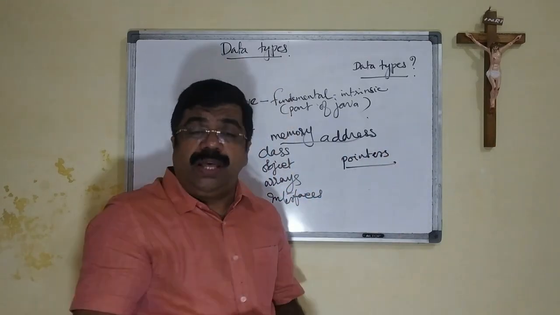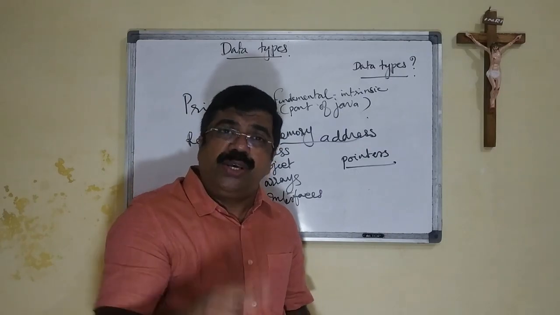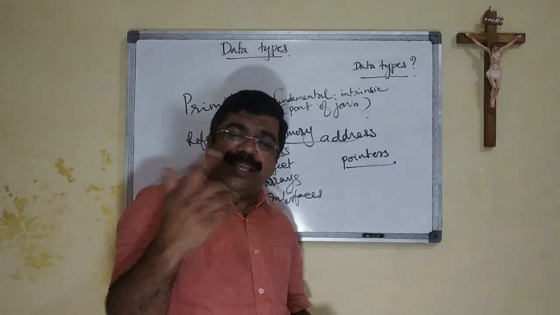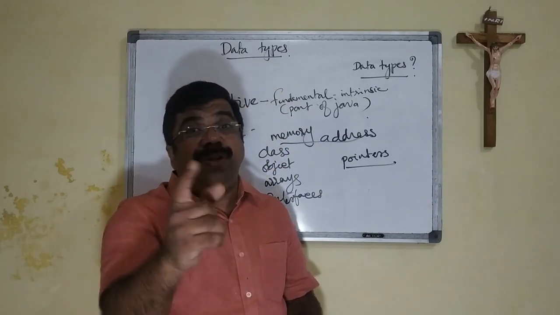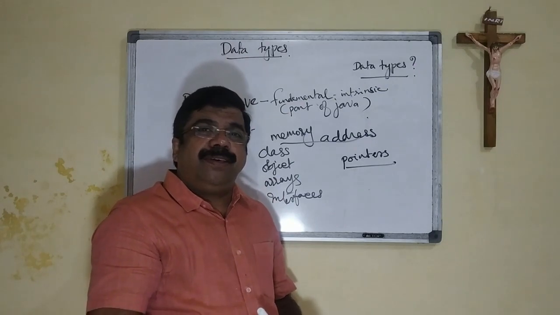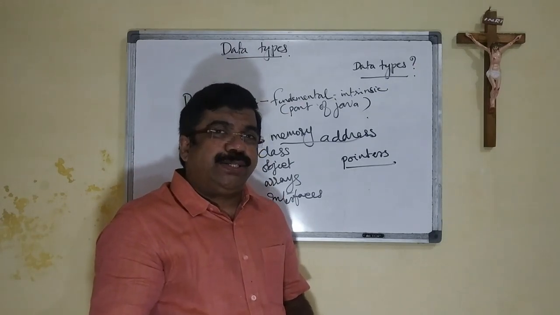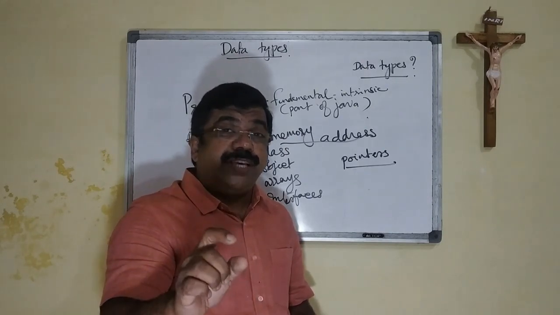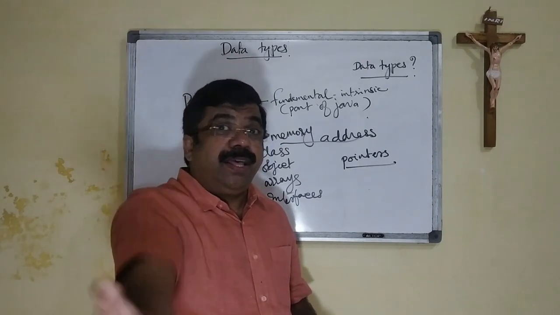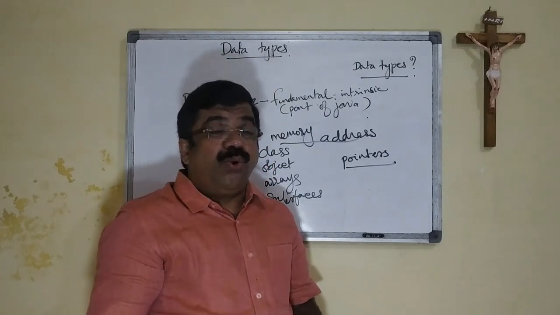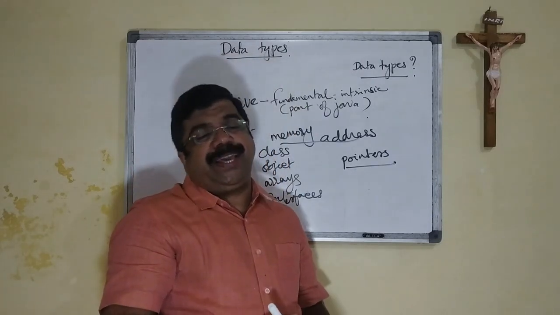Once you learn C language, C++ language, etc. in your higher studies, when you go for engineering and all, you will remember this name that I told you today. What is that? Pointers. Pointers are the data items which are pointing to the location of another data item, which are storing the address of another item.